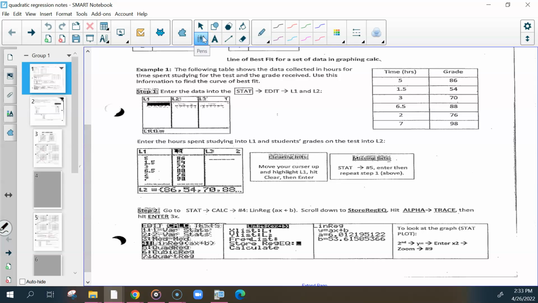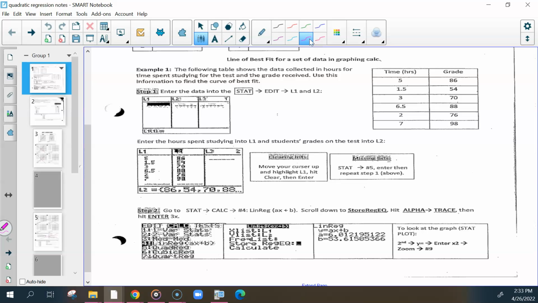So for step one, that is still step one. If you're doing this in a calculator, you would have some set of data that would represent a quadratic regression. You would still put whatever into L1 and L2. The clearing list and missing list is still accurate to fix that.